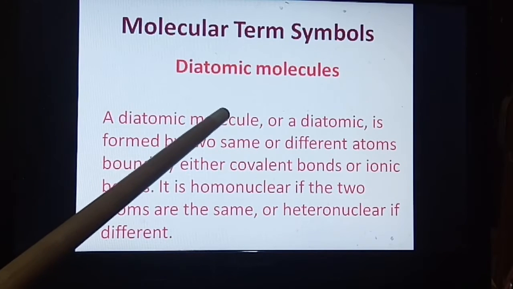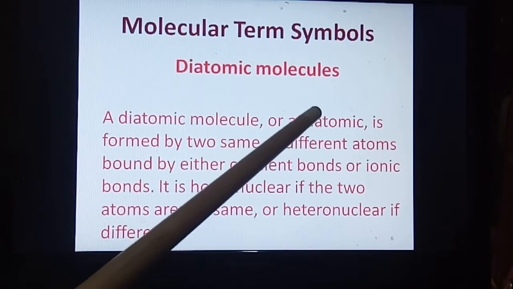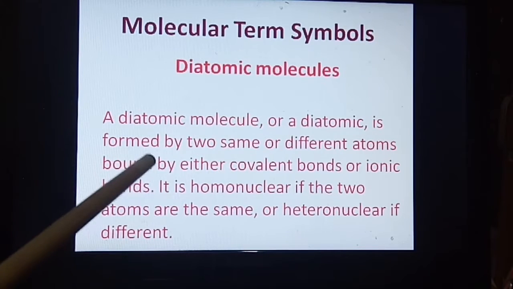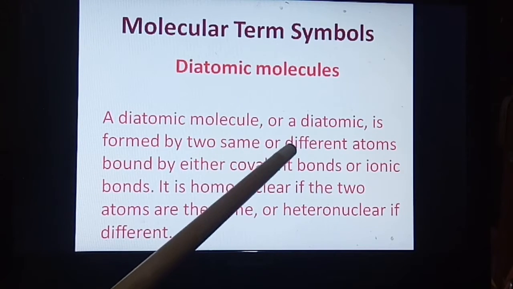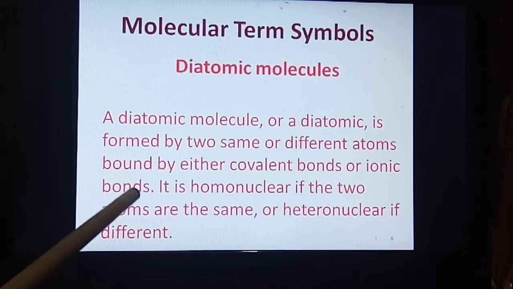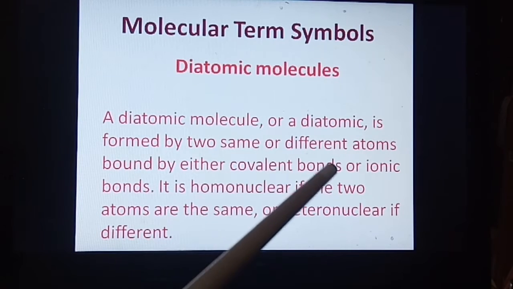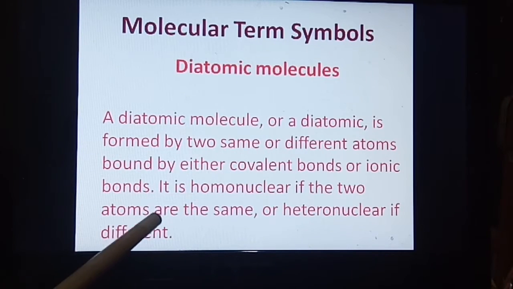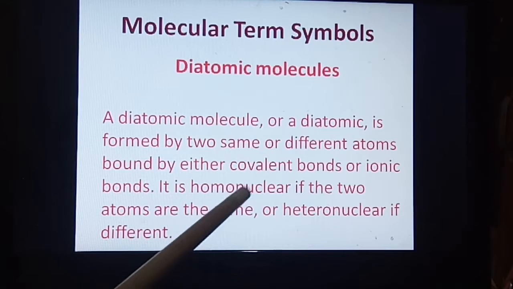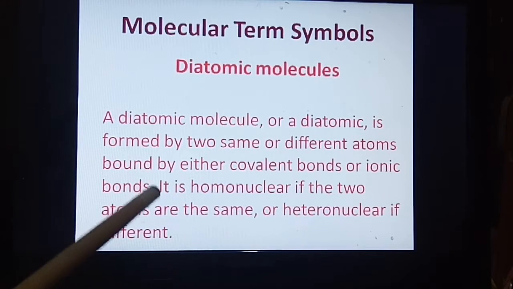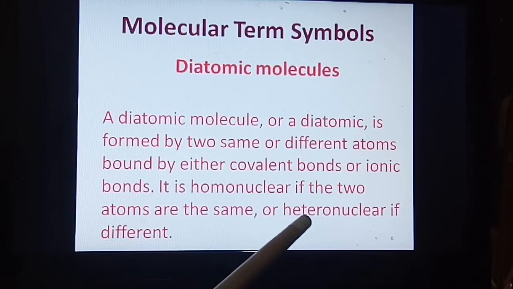A diatomic molecule, or a diatomic, is formed by two same or different atoms bound by covalent bonds or ionic bonds. It is homonuclear if the two atoms are the same, or heteronuclear if different.